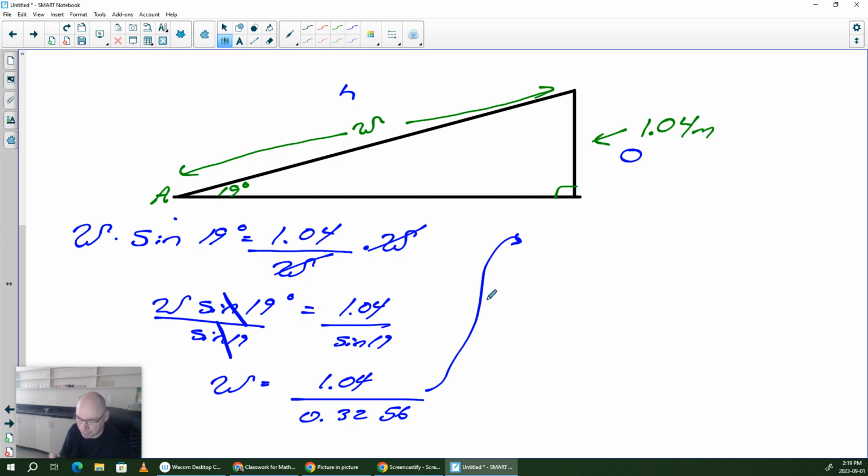Well, you never know though. If I did, hopefully you mention it to me. So W equals 1.04 divided by 0.3256. So I get 3.194, so 3.19 meters, and that's the length of this particular hypotenuse W.